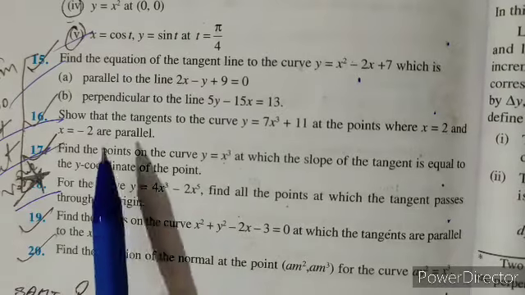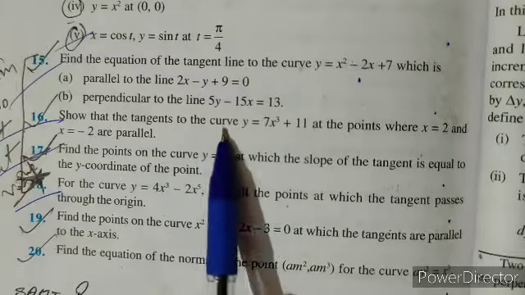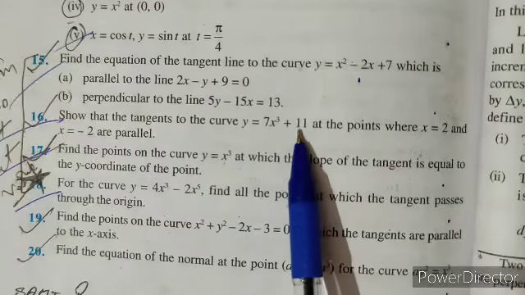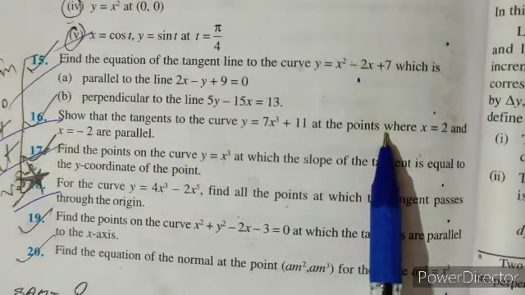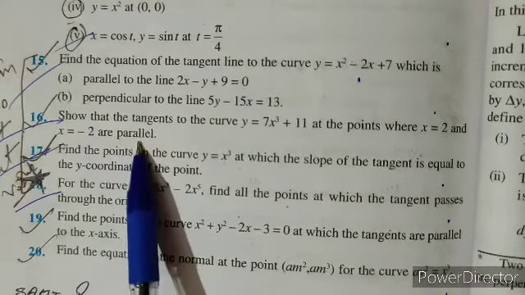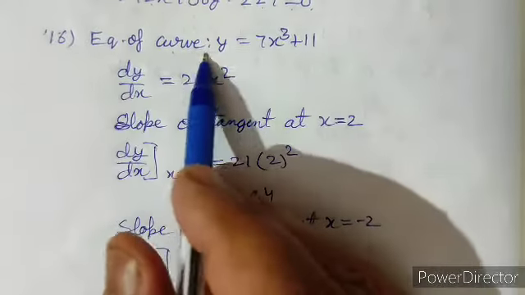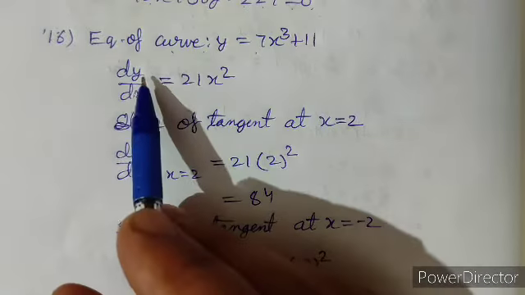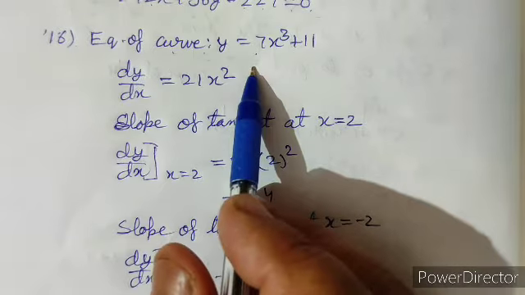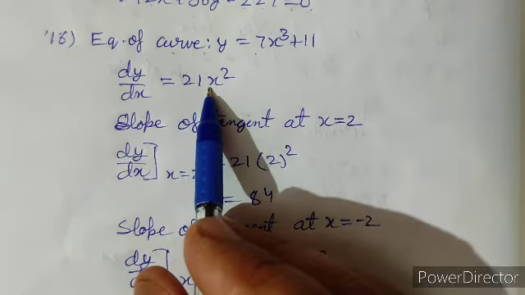Now in question number 16, show that the tangents to the curve y equal to 7x cube plus 11 at the points where x equal to 2 and x equal to minus 2 are parallel. In question number 16, the equation of the curve is given to us. On differentiating with respect to x, dy by dx will be equal to 21x square.